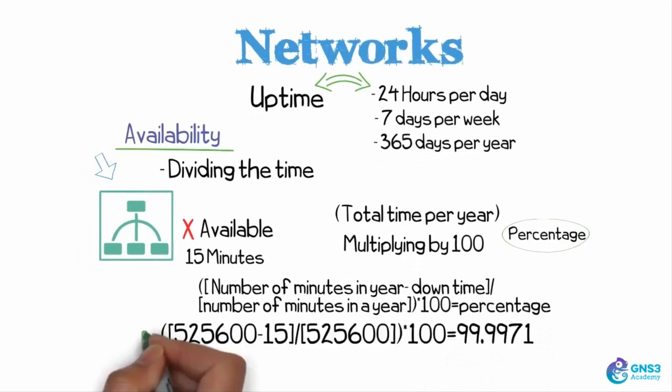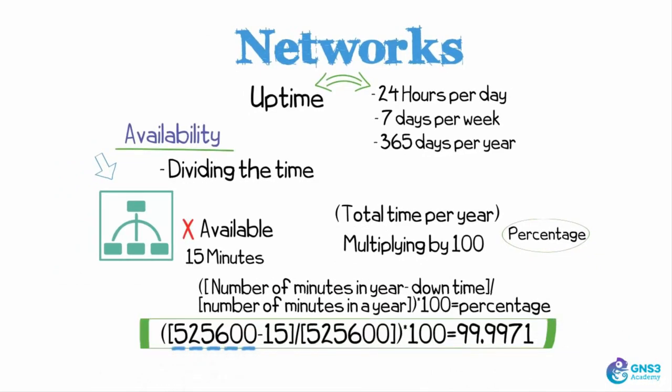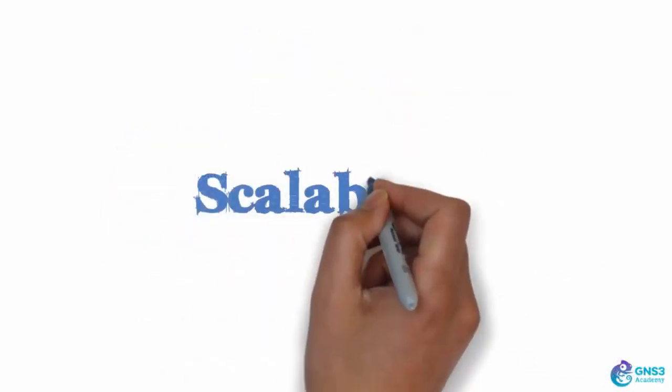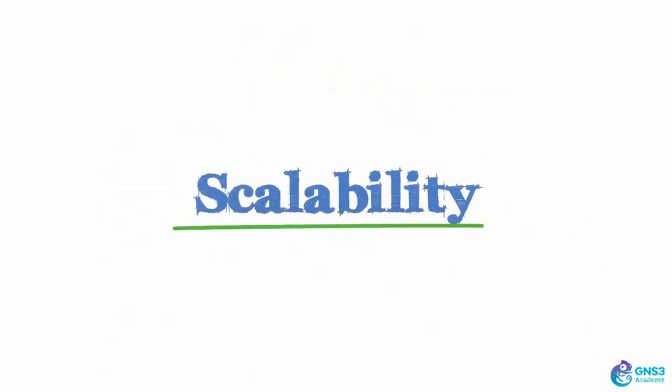So in this example, we've got 525,600 minutes in a year minus the number of minutes downtime in the year, which is 15, divided by 525,600 times 100 gives us an availability percentage of 99.9971%.